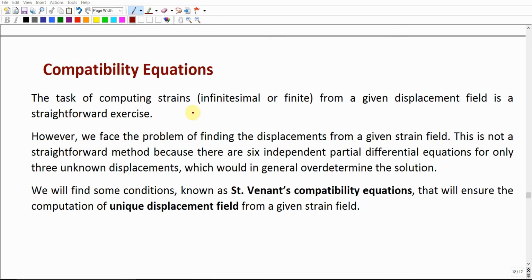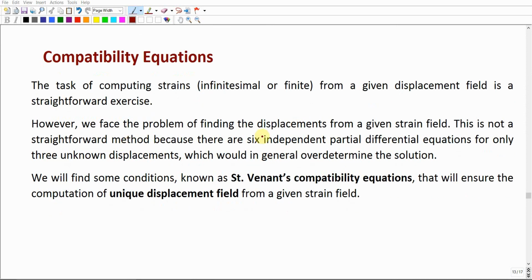The task of computing the strain, which is conventionally the infinitesimal strain that we will go over when we discuss linear elasticity, from a given displacement field is a straightforward exercise, like exercise number 1 that I explained above. But how about if we are interested in finding the displacement from a given strain field?